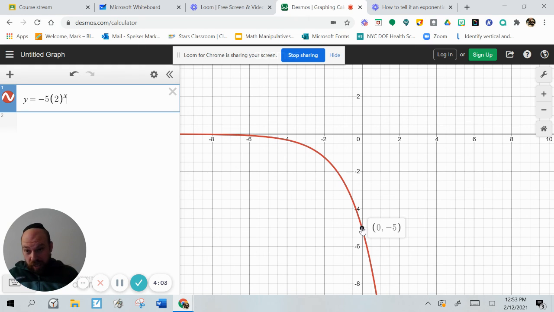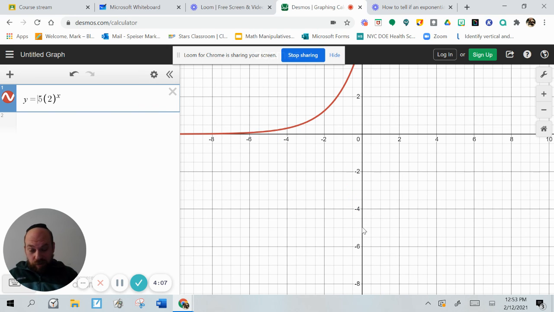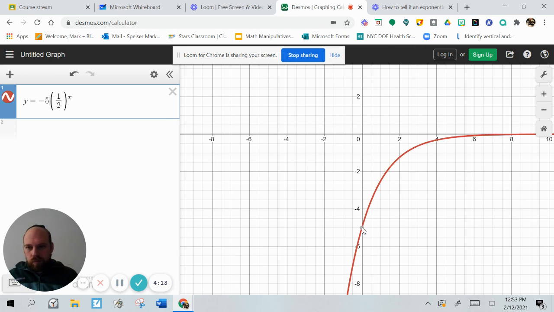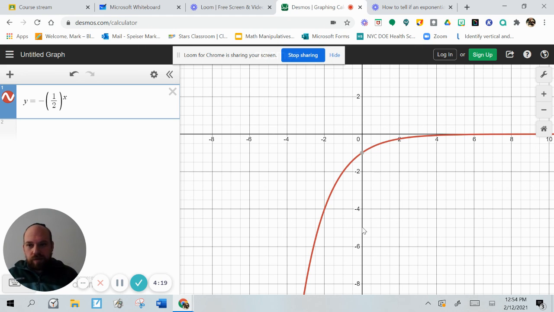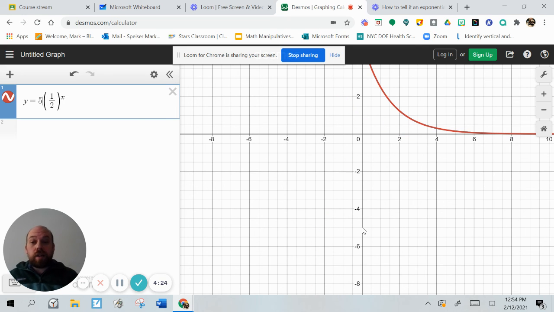So when you make the a negative, everything switches. It goes from an increasing function to a decreasing function. Same thing if it was a half power: decreasing function to an increasing function. That's what the term in front does.